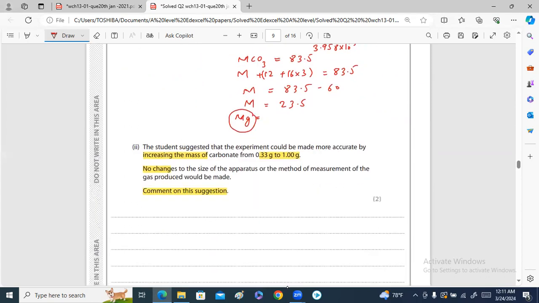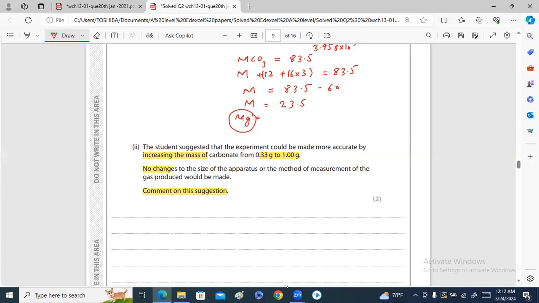Now there is another question, that the student suggested that the experiment could be made more accurate by increasing the mass of the carbonate from 0.33 to 1.0. No changes to the size of the apparatus or the method of the measurement of the gas produced would be made.